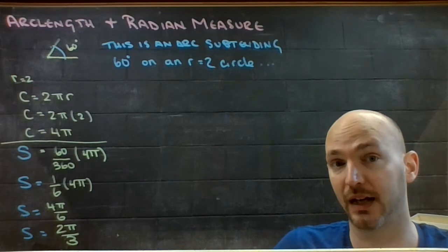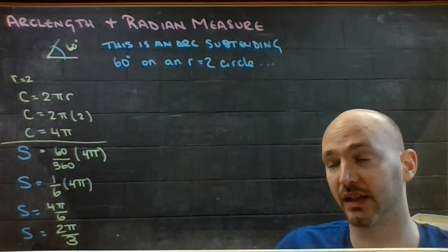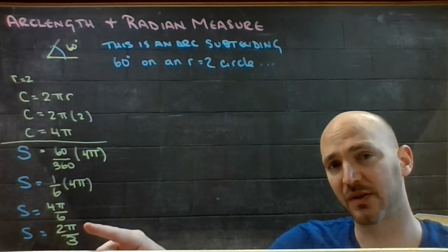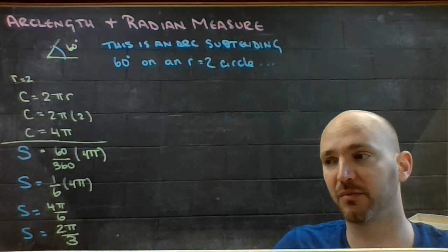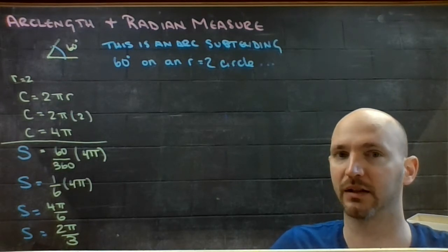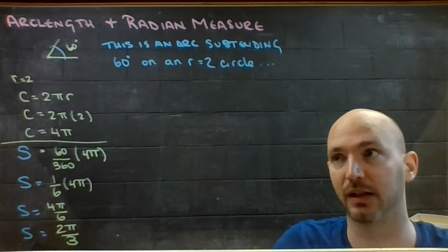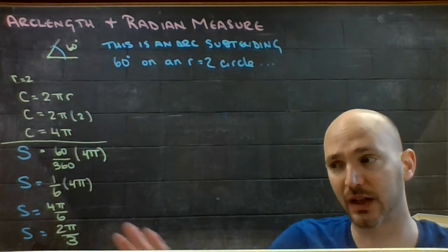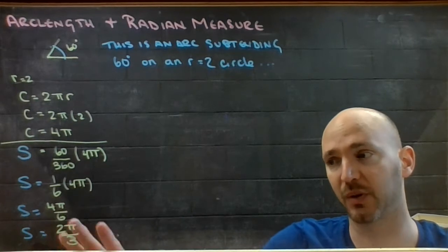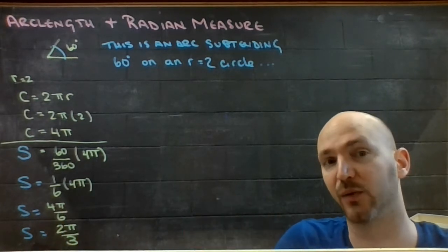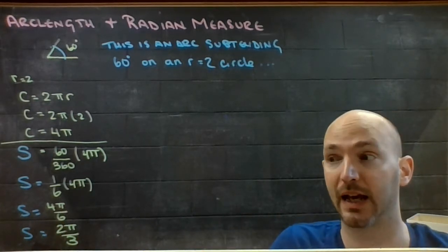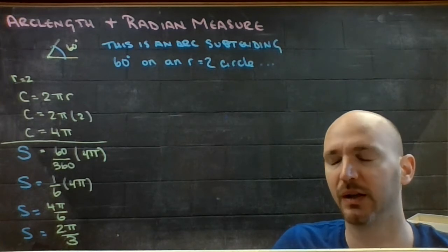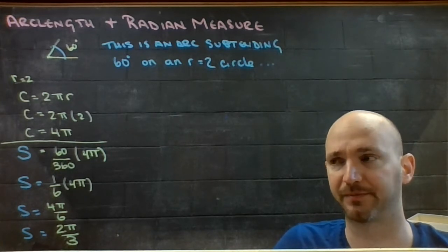You can do that, or you can just leave it like that. This actually turns out to be the superior answer because it didn't require any rounding. That is exactly the arc length of this chunk, 2 pi over 3. So if you can get used to seeing a number like this and having a rough idea of what it's worth without rendering it as a non-repeating decimal, you'll be better off.